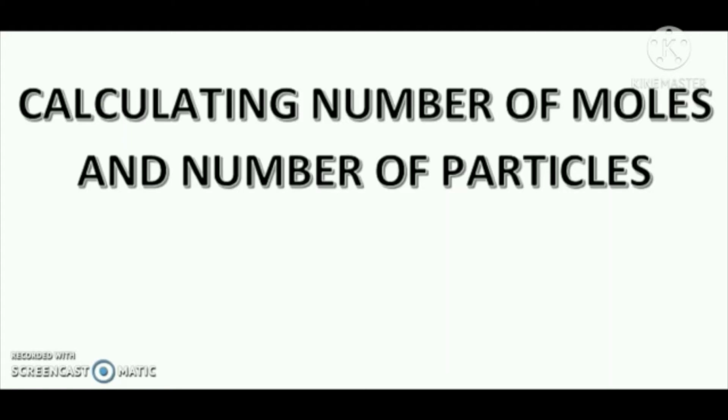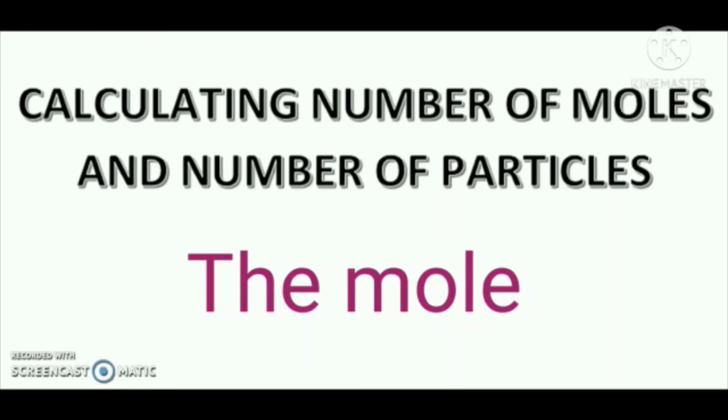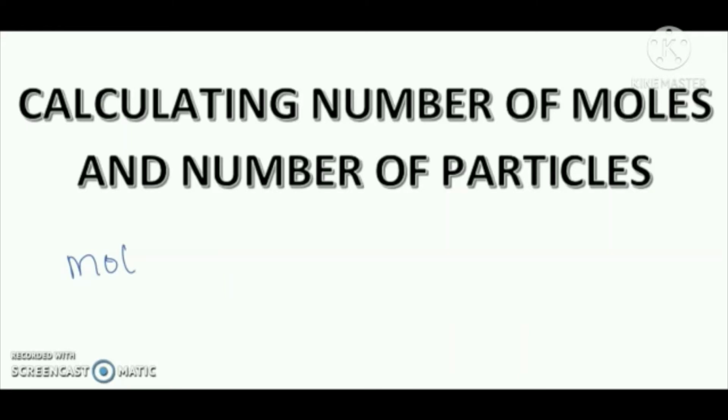Now, elementary chemical particles are very tiny. Chemists, therefore, for convenience reasons, count them by weighing a collection of them. So this counting unit in chemistry is what is known as the mole. The mole.